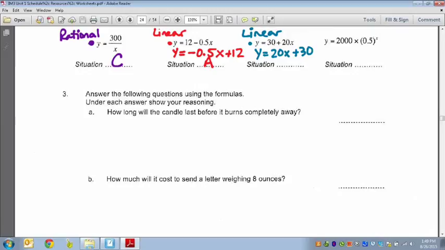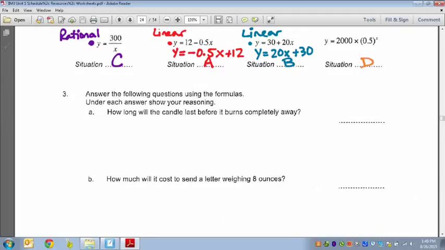And now remember, it had an initial cost, like it costs a lot of money to send an initial letter. So it's $30 just to send the package, but after you pay the initial $30, it's a smaller amount to send more ounces. And I believe we're talking in cents here. So this was actually about the letter, so this is situation B. And then by process of elimination, of course, we can say that this one is D.